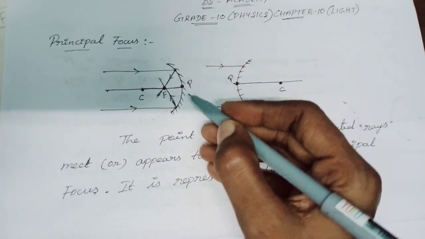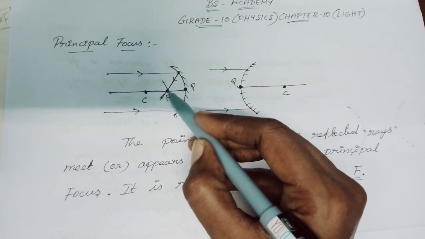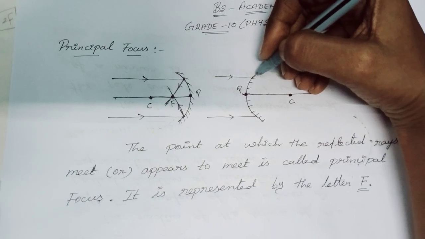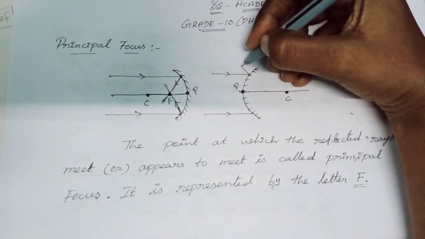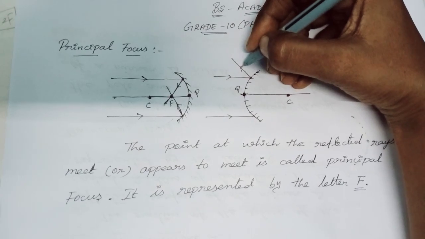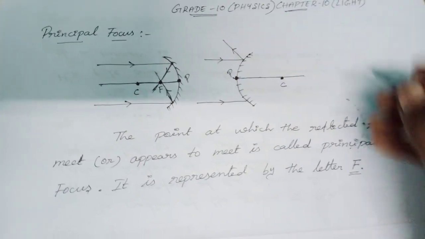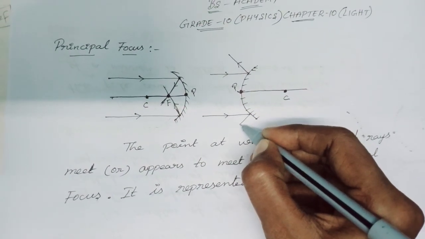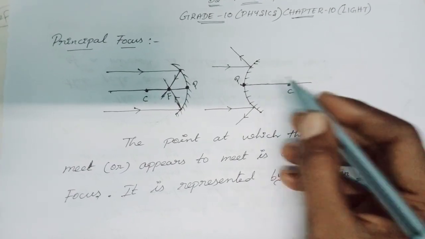For the concave mirror, the rays get converged and meet at a particular point, but for the convex mirror the rays get diverged. So it gets reflected like this. In the same way this incident ray gets reflected like this. The rays are diverged.